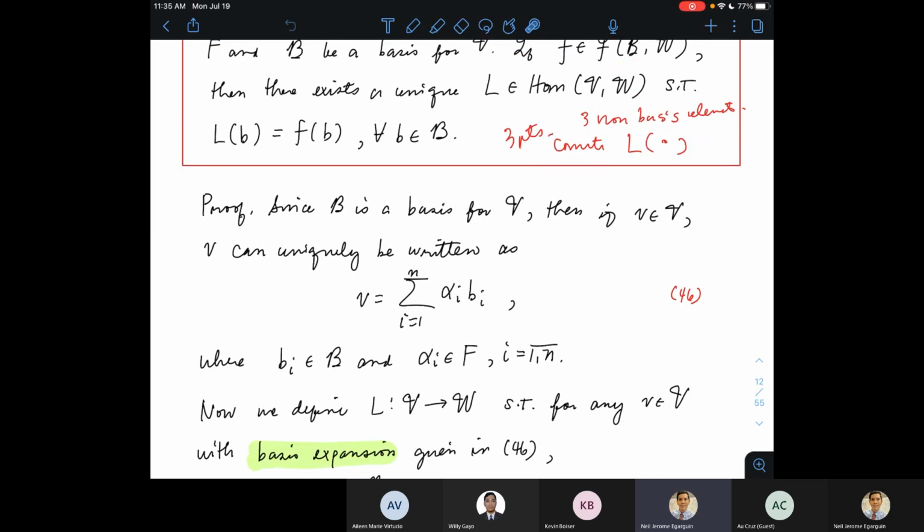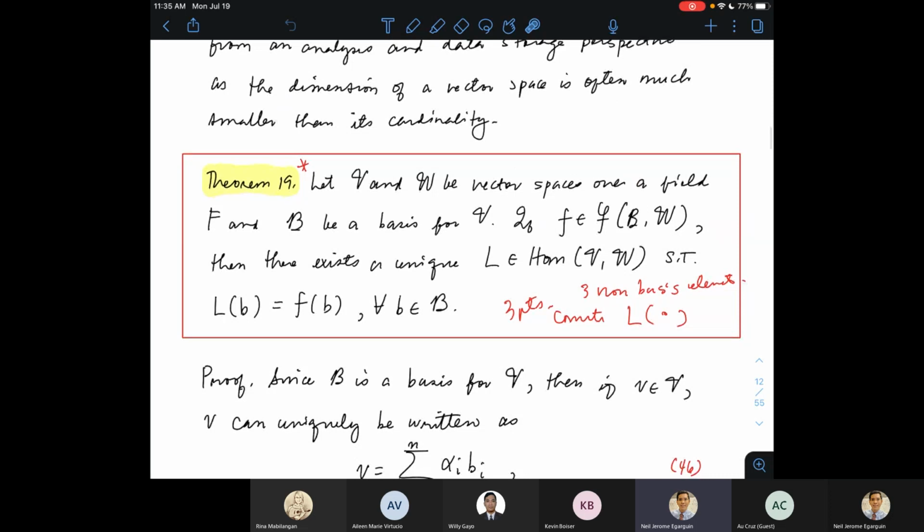Then illustrate how that linear transformation acts on 3 non-basis elements in your chosen vector space. So just illustrate theorem 19.